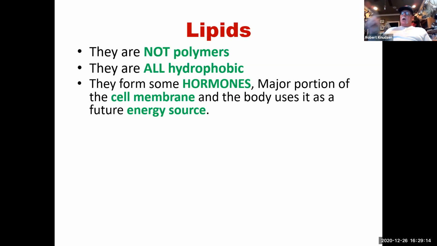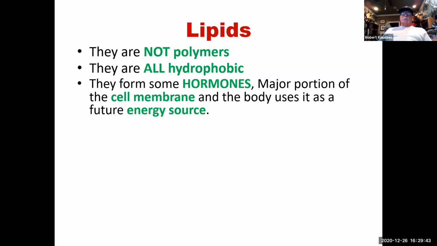Does that make sense? We will talk about that, because there are 2 things that control body functions. One is the nervous system, and the other one is the endocrine system, hormones. Now, there are 2 major classes of hormones: those that are protein-based, which could be amino acid too, and those that are lipid-based.